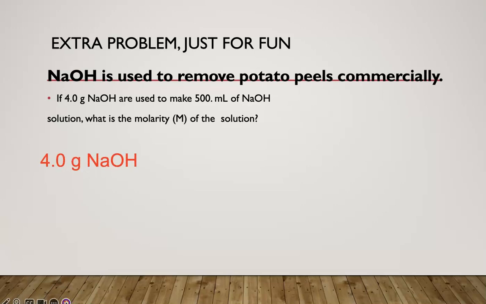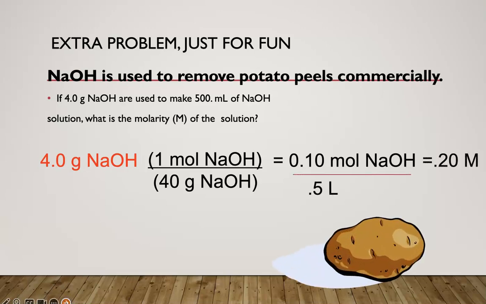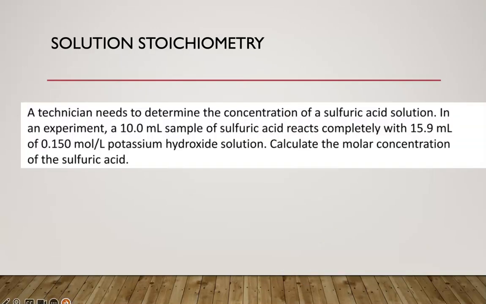So hopefully you took those 4 grams first, used your molar mass to figure out that it was 0.1 moles, and divided by your volume in liters to come up with a 0.20 molar solution. Here's another one for you to do. These are solution stoichiometry problems. Great time to pause the video, and then we'll see what we got.